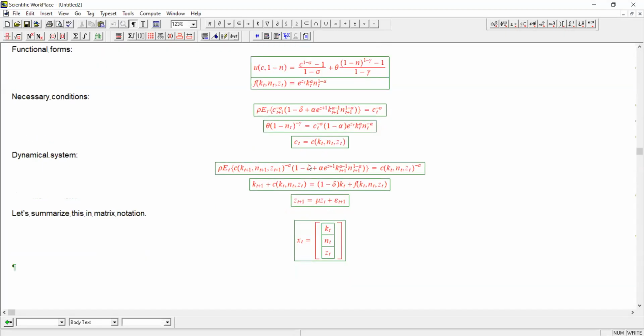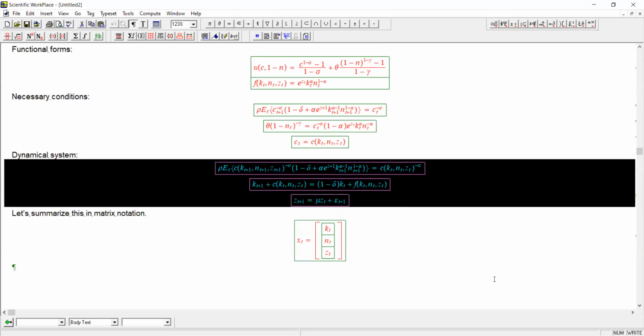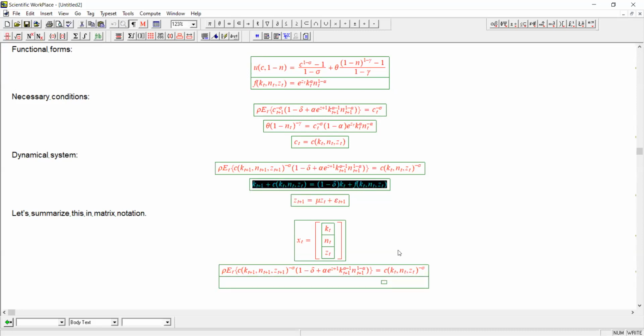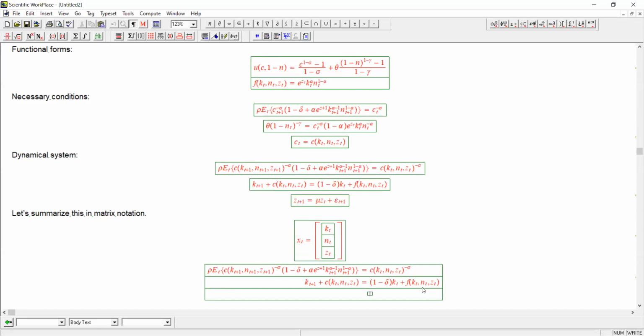Next, let's take these 3 equations and instead write them in the following form. Let me first of all put them all in the same box. What that's going to do is line up all the equal signs.